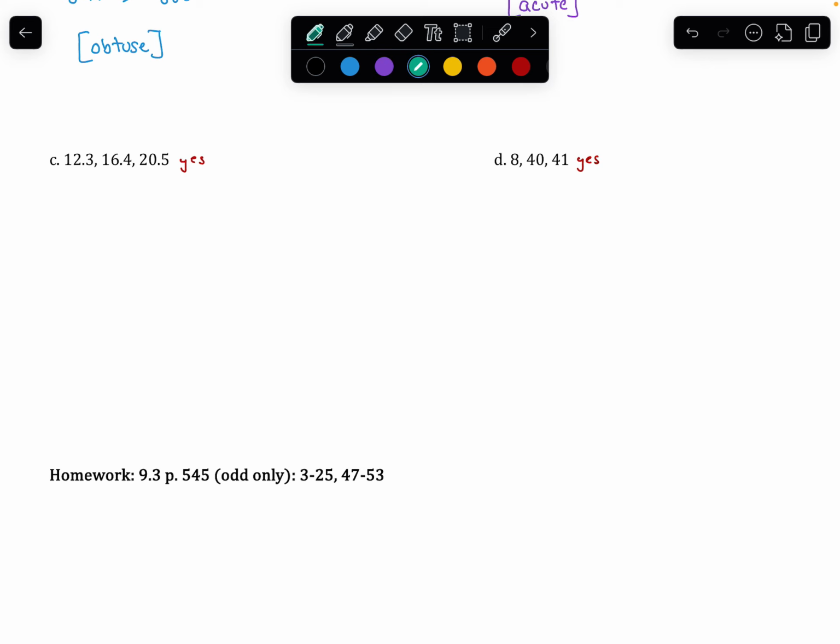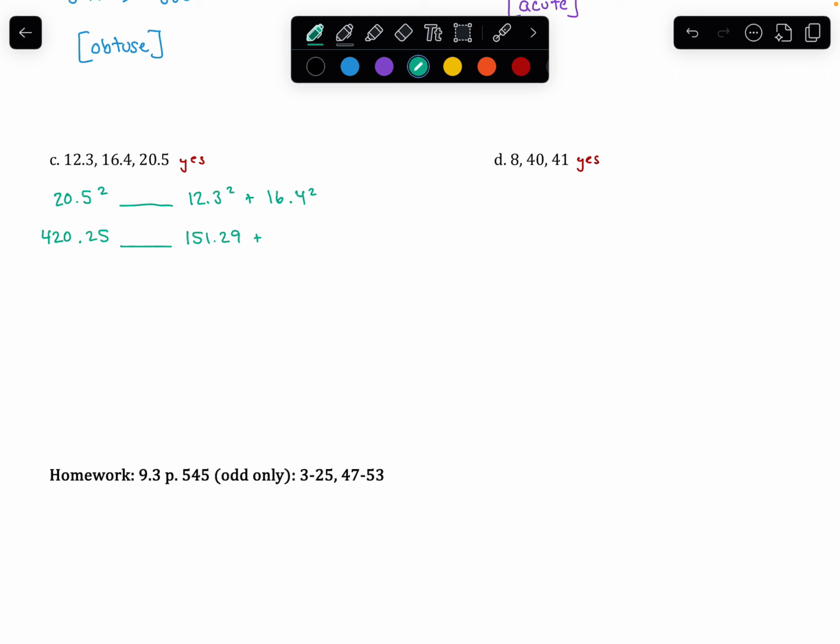My next problem, 20.5 is going to be my c. So I have 20.5 squared, and then I have 12.3 squared plus 16.4 squared. 20.5 squared is going to be 420.25. 12.3 squared is going to be 151.29.